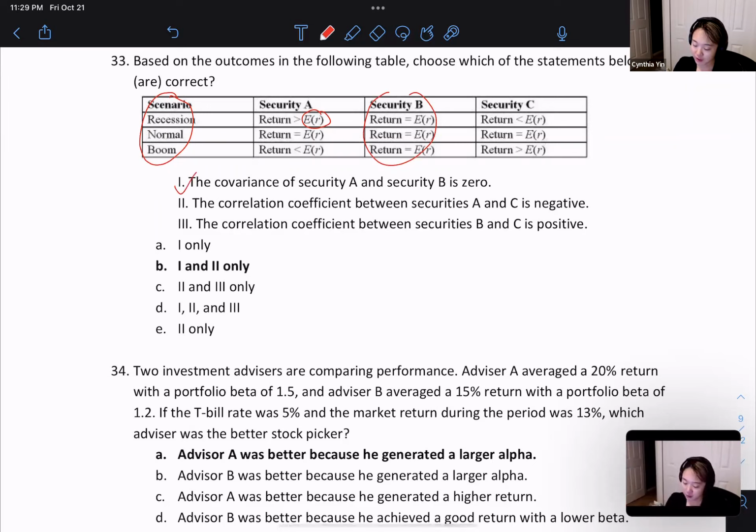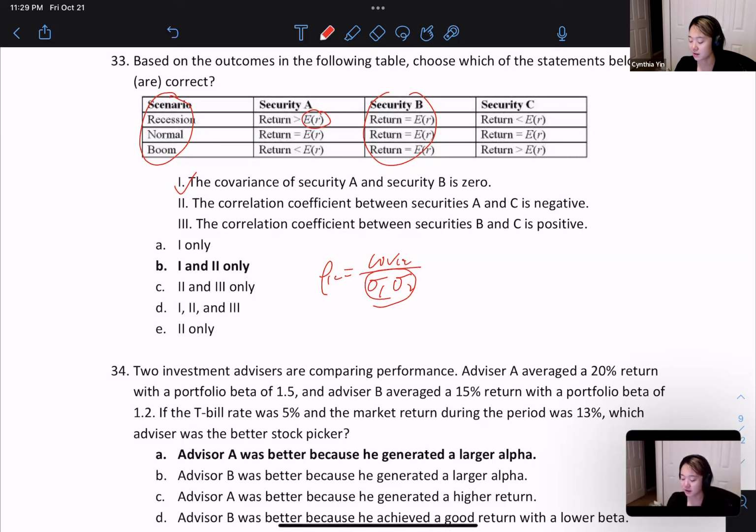So statement 1 is right. Correlation coefficient between security A and C is negative. Whether its correlation coefficient is positive or negative only depends on the covariance, because correlation equals covariance divided by sigma 1 and sigma 2, and the denominator is always positive.